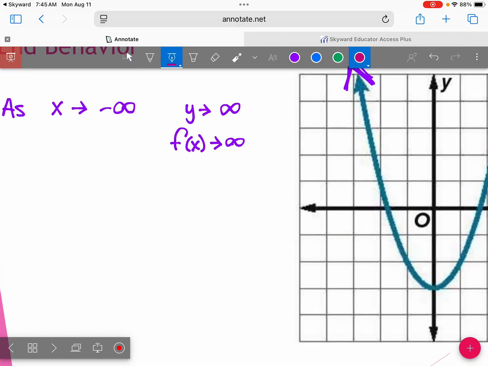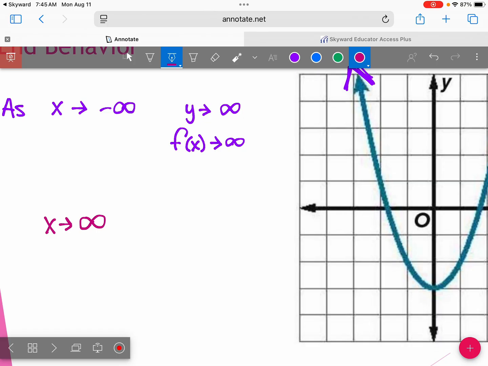Let's do our right arrow. I'm going to do the f of x notation. So we've done as x goes to negative infinity. Let's look at it as x goes to positive infinity. So as my x gets real big, as we go farther and farther to the right, what happens to my y's?